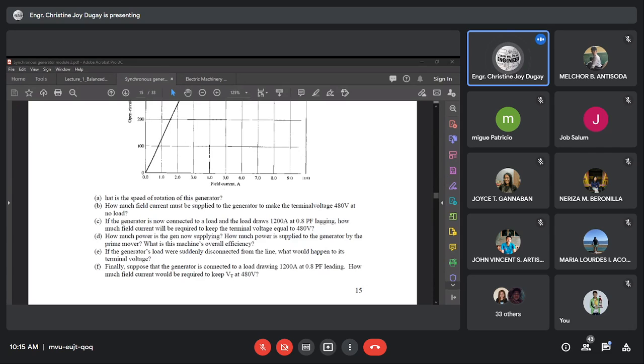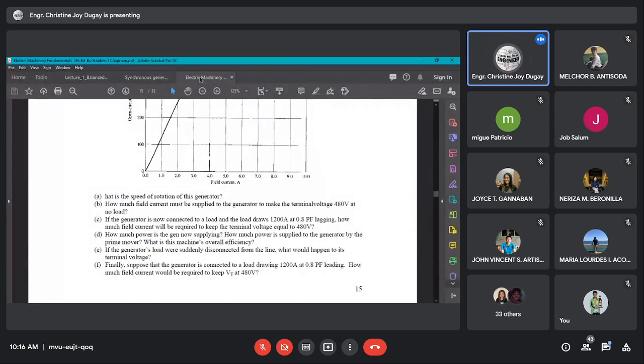At full load, the friction and windage losses are 40 kilowatt and the core losses are 30 kilowatt. We ignore the field circuit losses. First, how do we find the speed of rotation of our generator?